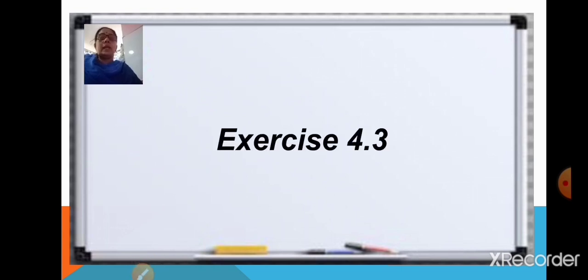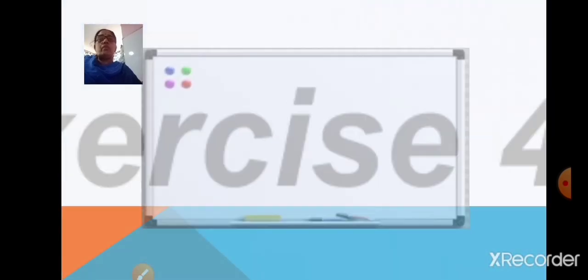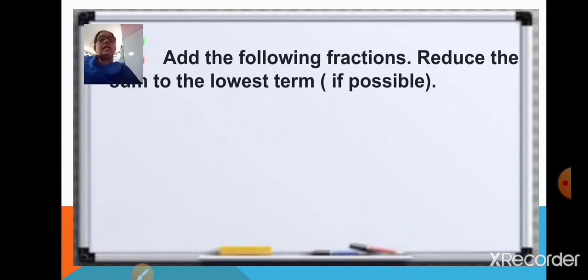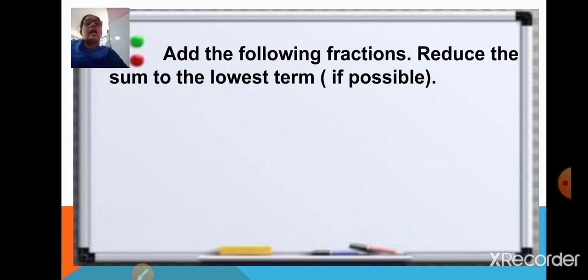Exercise 4.3, which you have to solve in your notebook. The first sum is: add the following fractions and reduce the sum to the lowest term. Here you have to add the fractions and then reduce the sum. Reduce the sum to the lowest term means what?